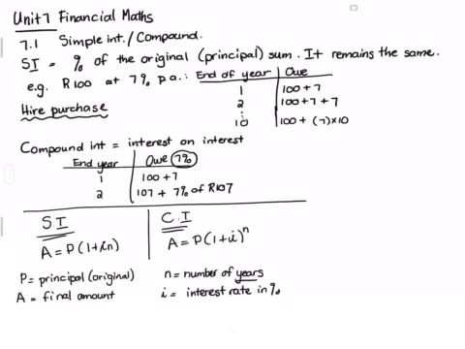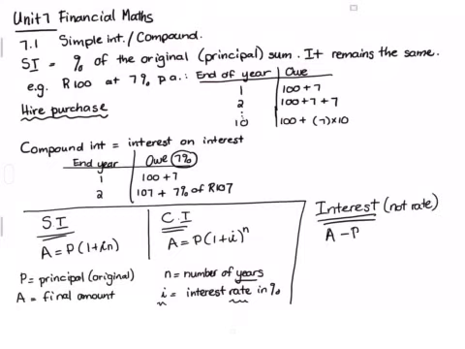And both of these formulas tell you how much you owe or you have by the end of so many periods. Remember the small i here is the interest rate. If you want to know how much you actually paid in interest to borrow money, so not interest rate, interest as in money, then you just take your final amount minus the original amount.